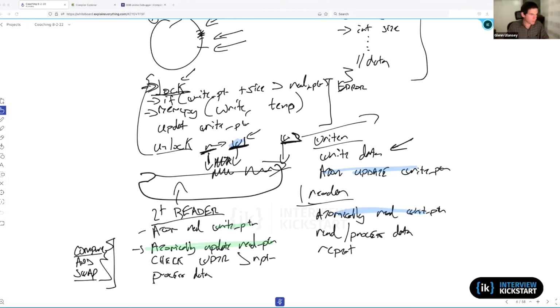With the atomic approach that we've done, yes, we're atomically updating the write pointer, or even in the multiple writer case, we're atomically updating the write pointer to make sure that the value is always internally consistent. But for temporal data, we're not actually expecting there to be contention.